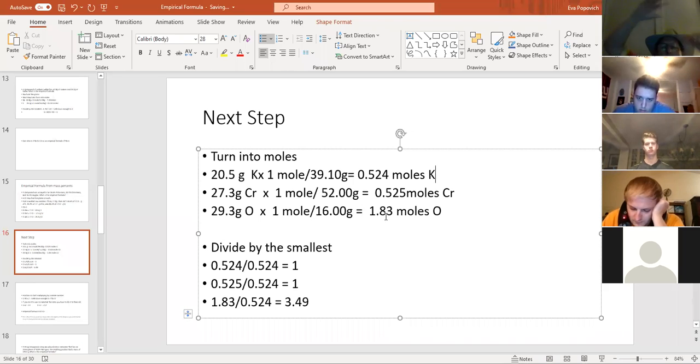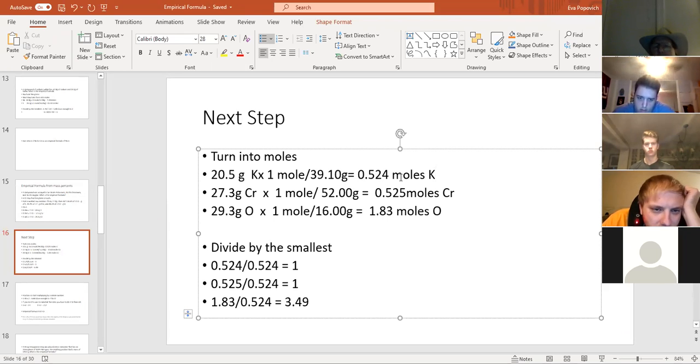Hunter, what's the smallest number I have here? 20.5. What? Are you talking about the grams? Sorry, it's 0.525. Close enough, 0.524. Doesn't matter, we're close enough. So I'm going to divide 0.524 into each one.